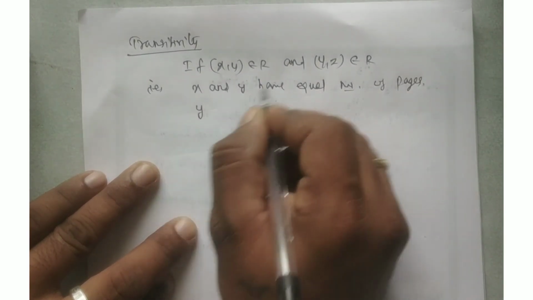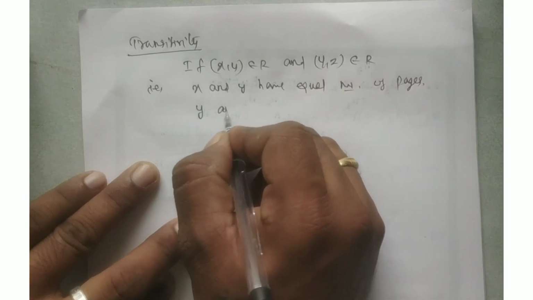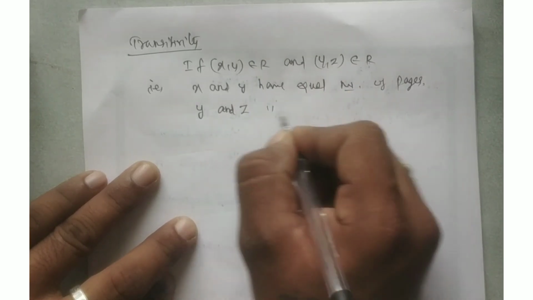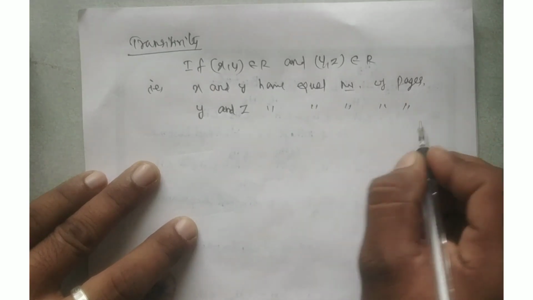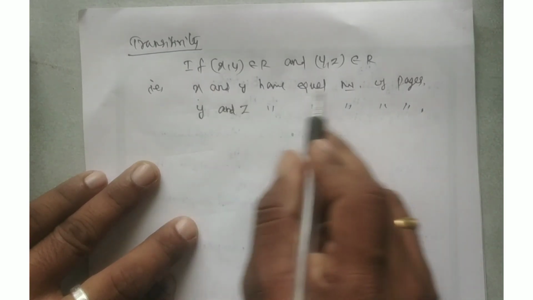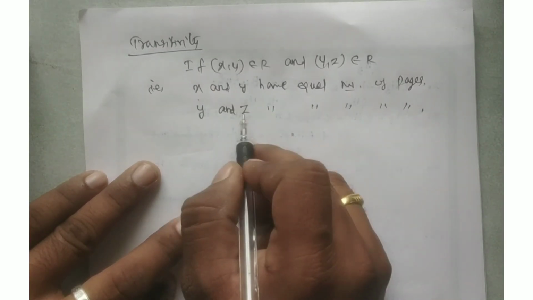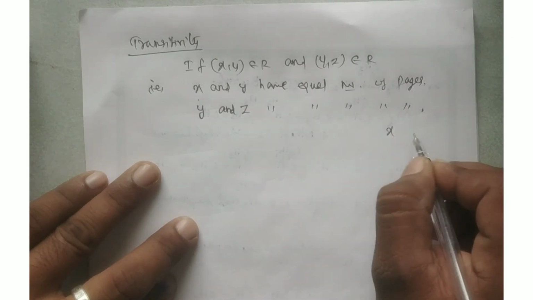Similarly, (y, z) belongs to R means y and z have equal number of pages. So that is x, y, z.